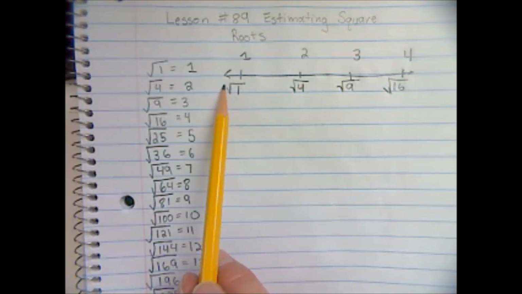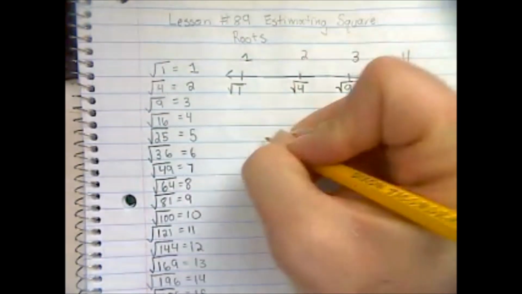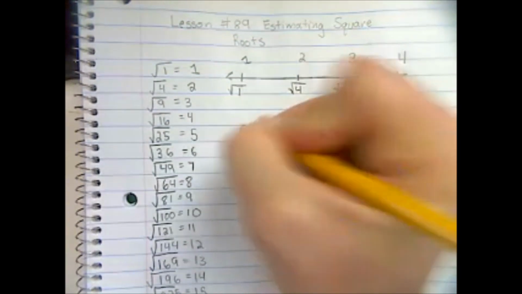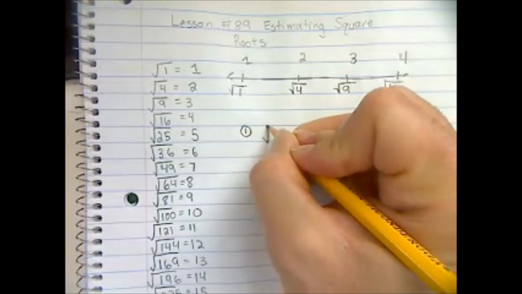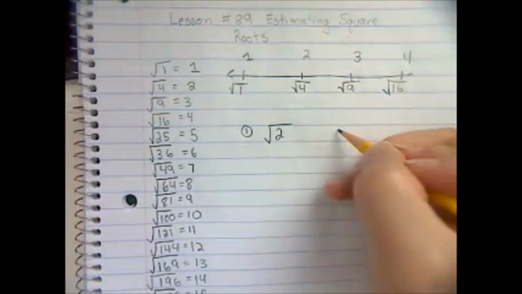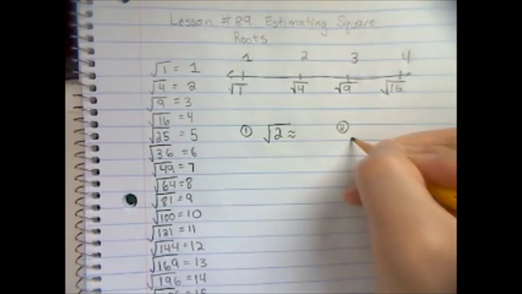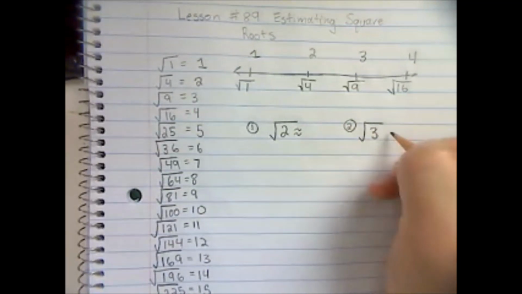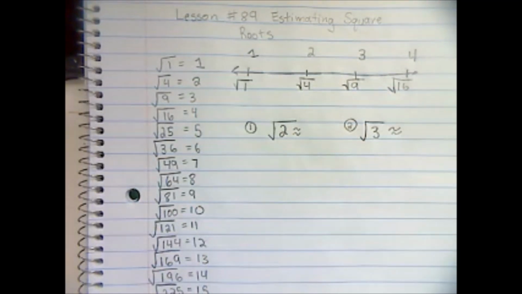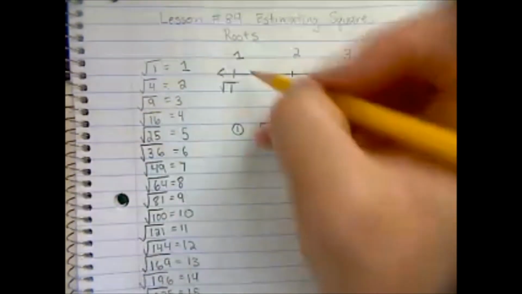Basically, when you're estimating square roots, you are given a radical. For example, you are given, let's let this be number 1 for your problem, the square root of 2. And our second problem, we're going to estimate the square root of 3. What is that?